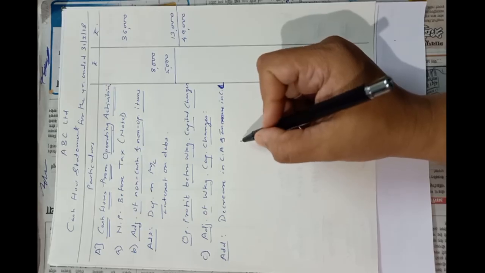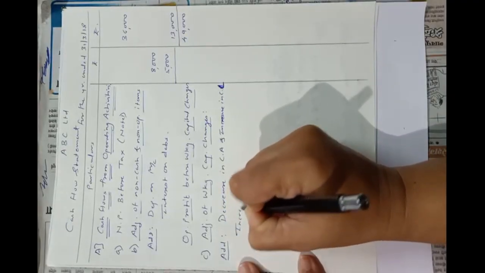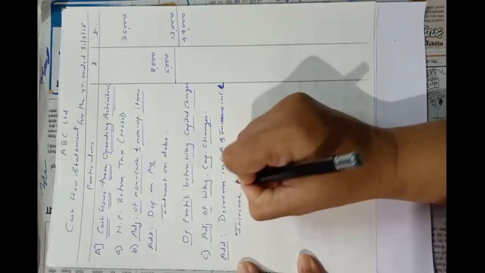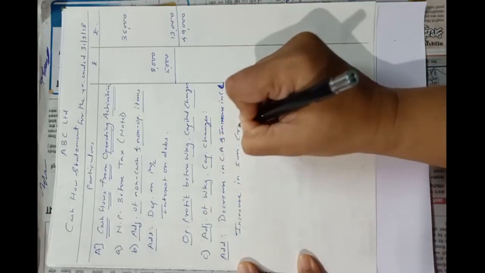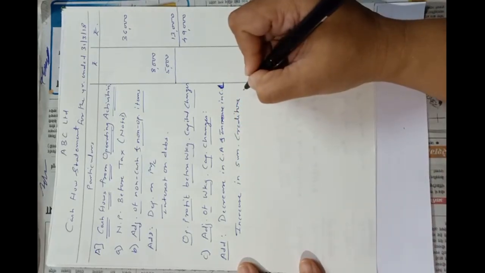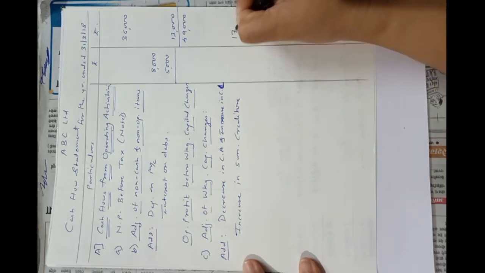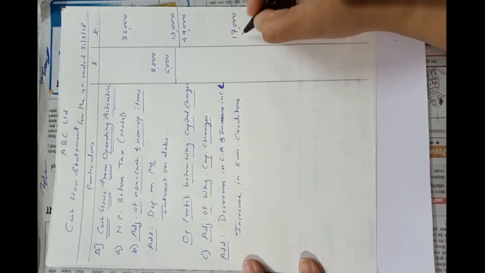Okay, so increase in sundry creditors, and the difference between 6,500 and 23,500 is 17,000. So we have to add 17,000 amount in 49,000. Okay, so it is 66,000.